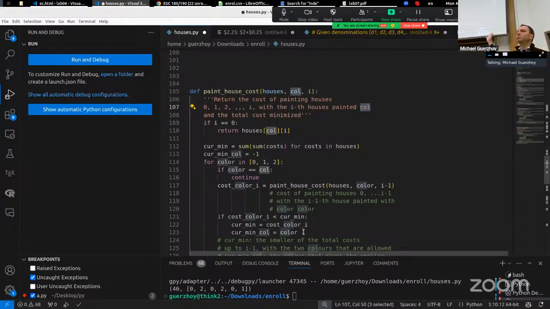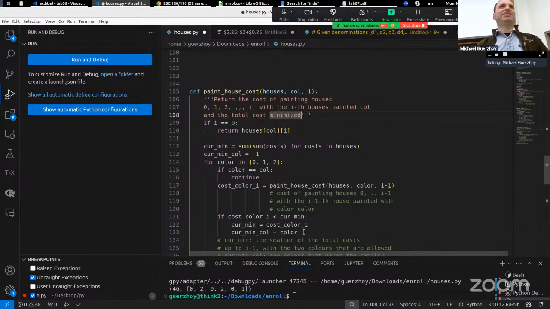The way I'm going to program it is I'm going to first program the doc string. Sometimes it works. And then I'll just fix up the function so that the function corresponds to what's in the doc string. So wouldn't it be convenient if, in addition to the cost, I also return the solution? Yes, so I'll just do that.